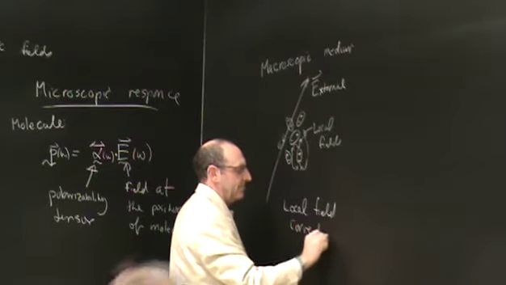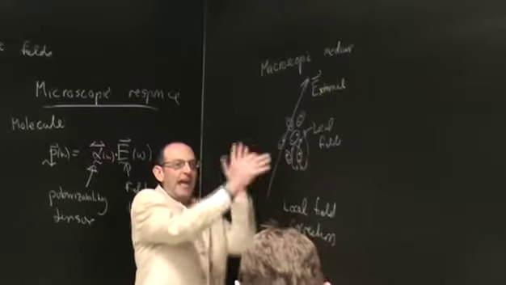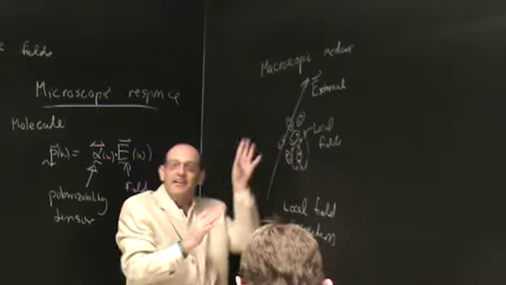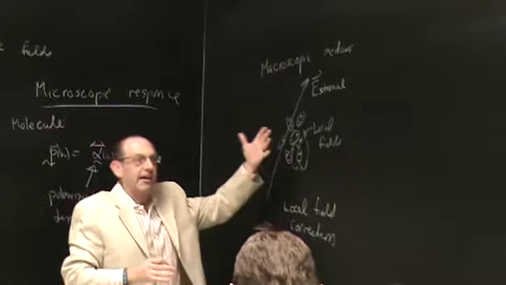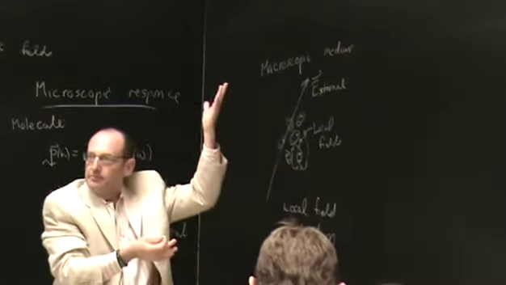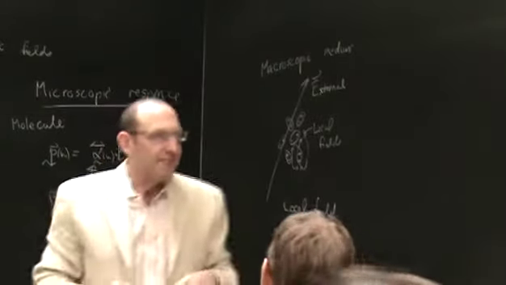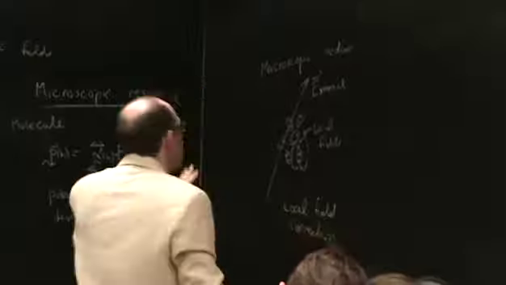Now, that's a complicated business. You have to somehow self-consistently determine how everything orients itself in such a way that it responds both to the external field as well as the other dipoles. It's a nonlinear problem, right? And that's complicated, we're not going to do it. Okay, but you can read about that.